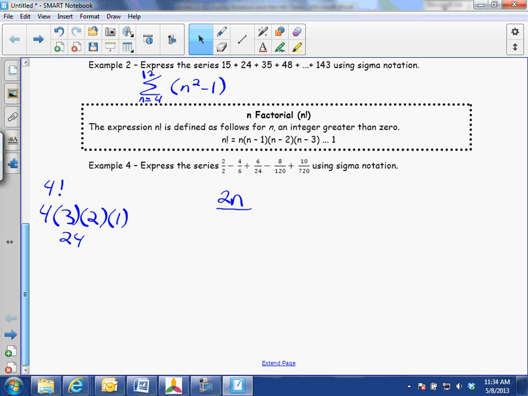You do times 3, times 4, times 5, times 6. I don't know how 2n is the top. Because if I put in 1 times 2 is 2, if I put in 2 times 2 is 4, if I put in 3 times 2 is 6. Oh, I don't like that.